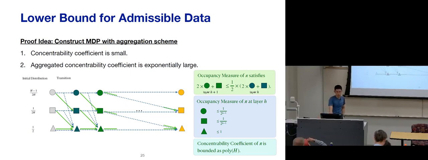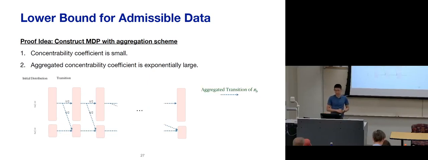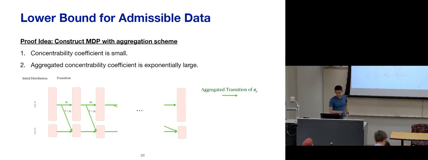Next, we'll do some aggregation and calculate the aggregated concentrability coefficient. The aggregation scheme is that we group the first two states together, and the third state stays alone. We can calculate the aggregated transitions under pi b in the following way. If we only consider this specific aggregated state, the occupancy measure is bounded by 1 over 2 to the h.